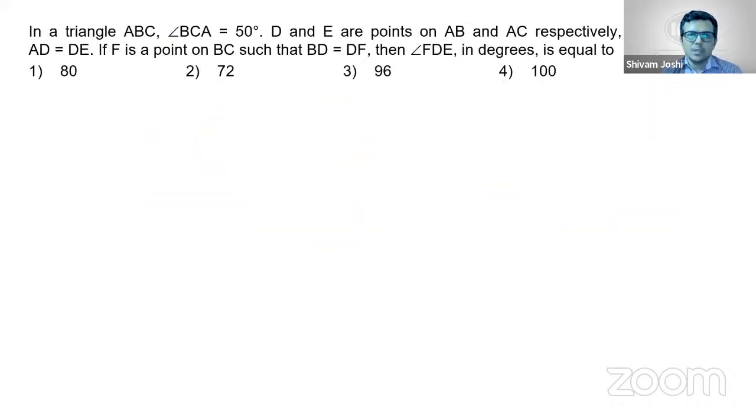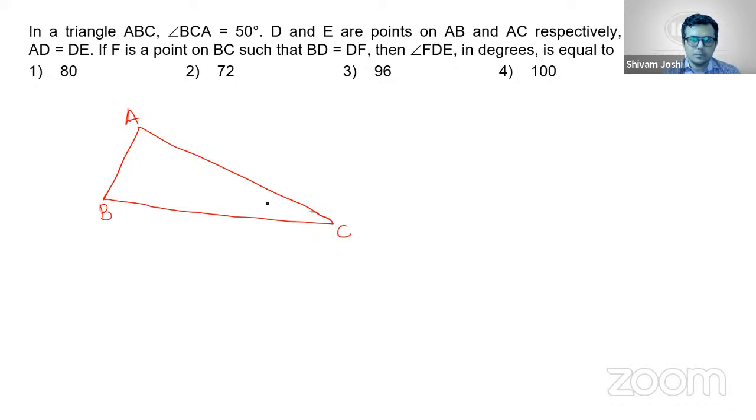In triangle ABC, angle BCA is 50. This angle is 50. D and E are points on AB and AC respectively, such that AD is equal to DE.